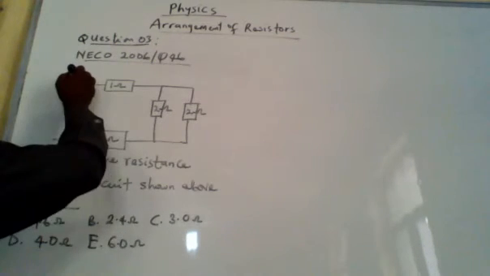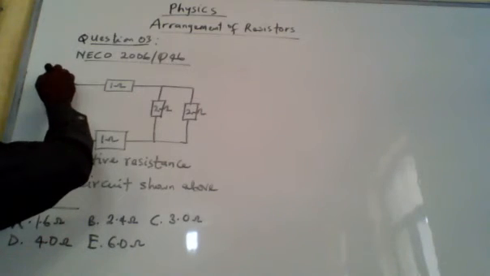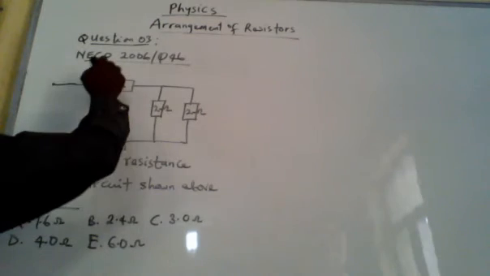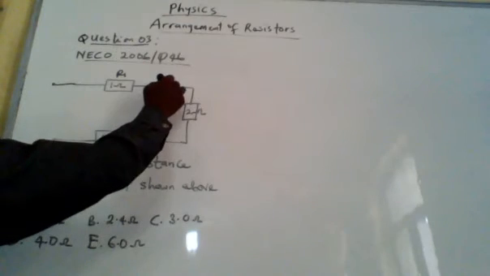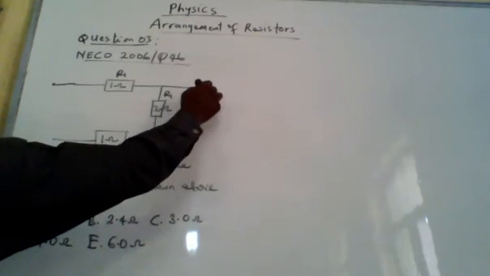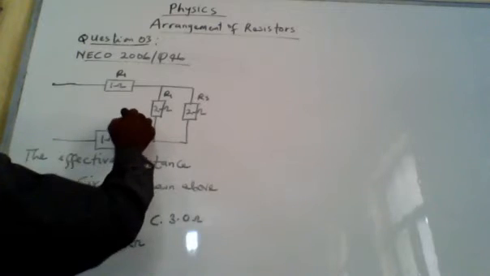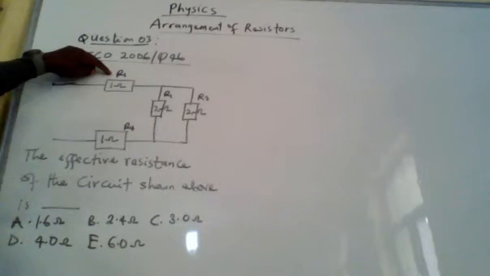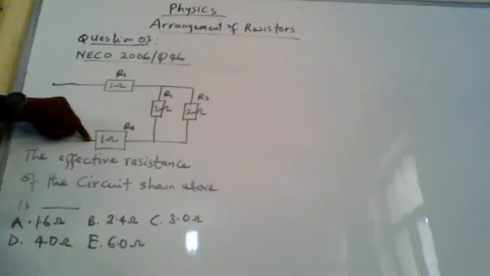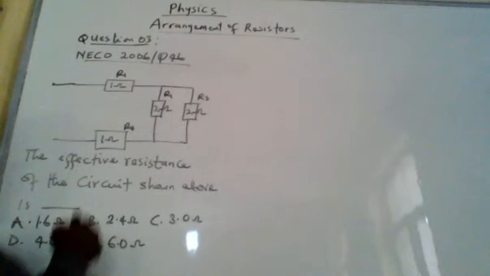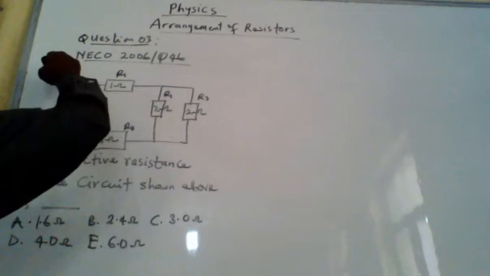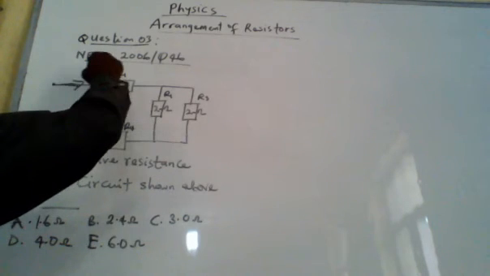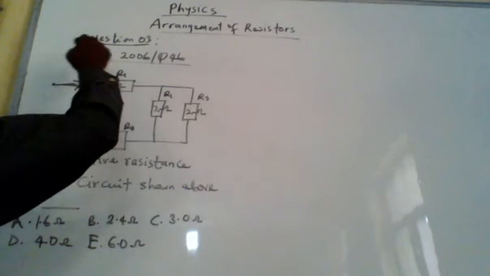You can see if the source is from here, this R1, let me label this R1, label this R2, label this R3, and give this one R4. This R1 and R4 are in series to each other. Why? Because they receive the main current from the source. Look at it, when the current is coming from here, it's receiving the main current. That makes it in series.